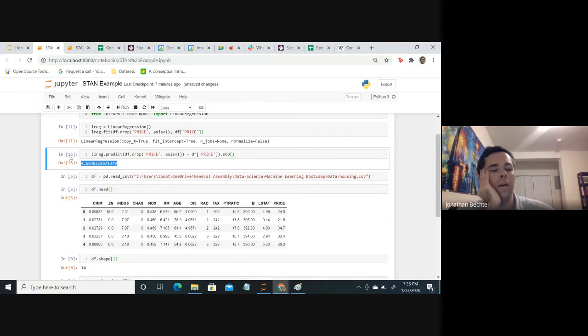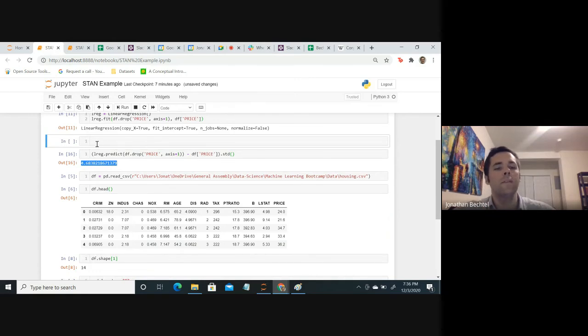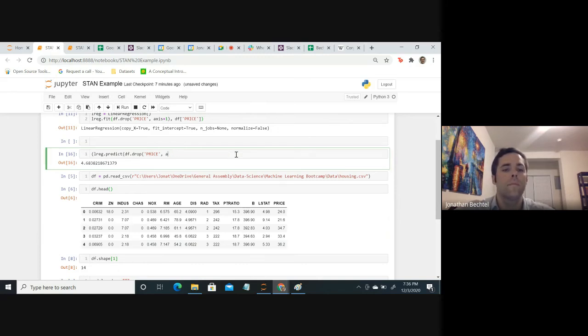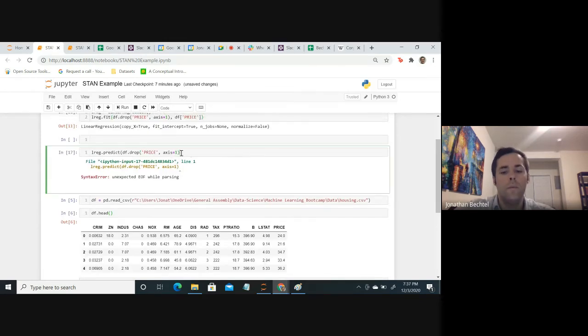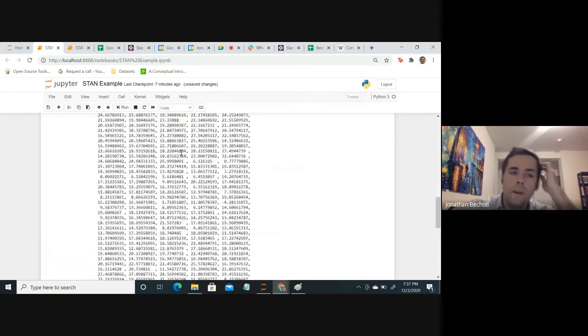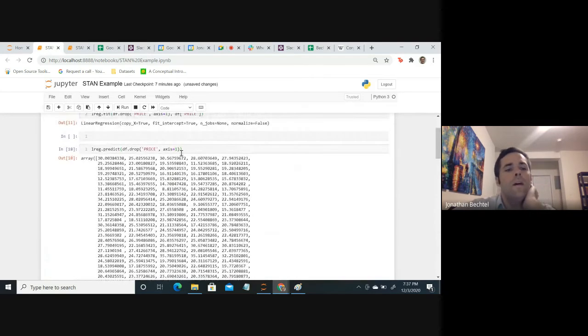The idea is these predictions, essentially the predicted value of this house, is normally distributed with an average value of 30 and a standard deviation of 4.68.